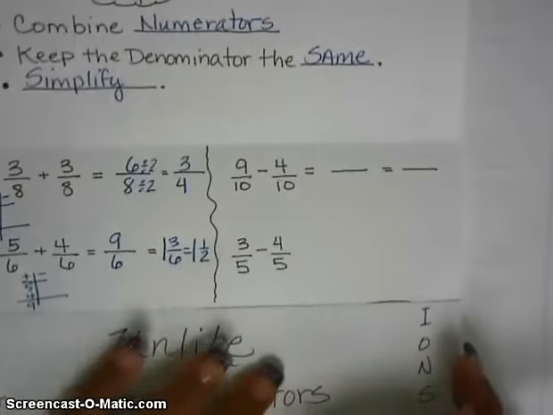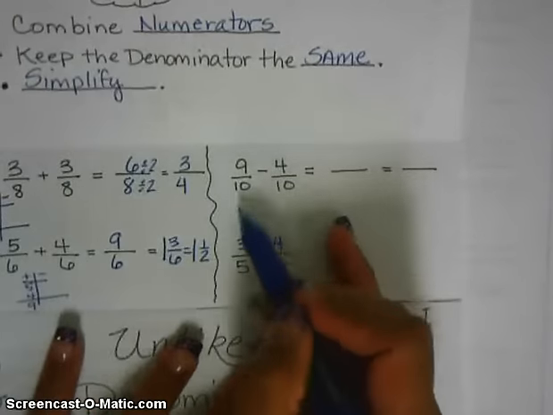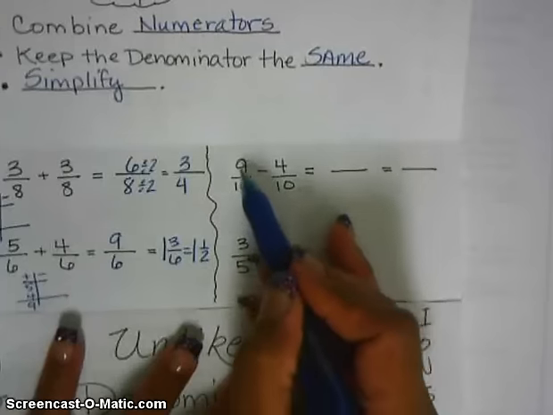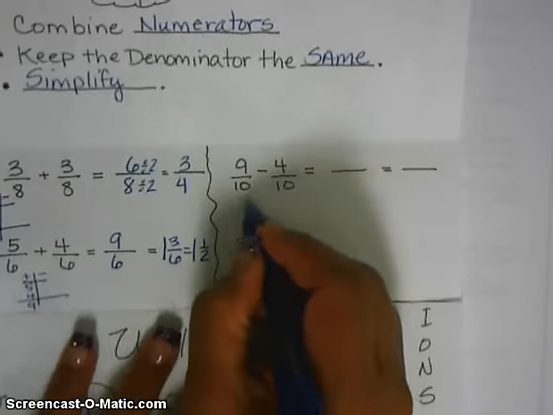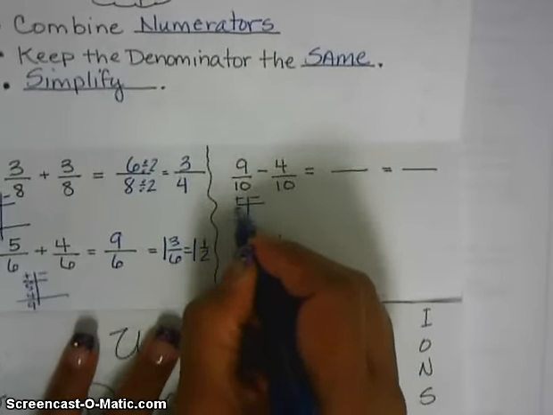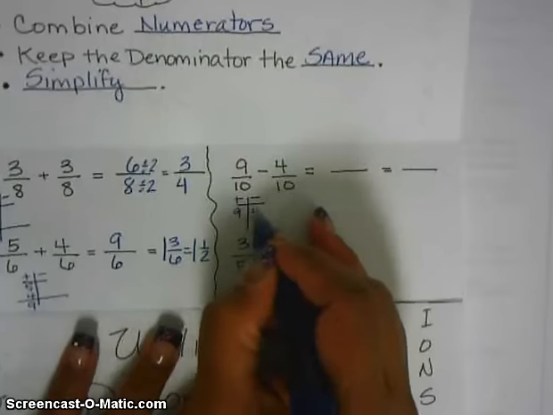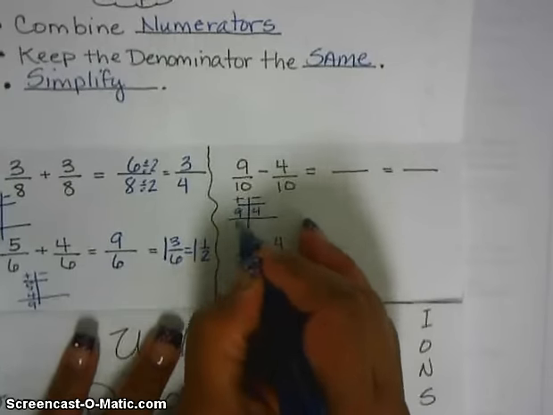Okay, so now let's look over at the combining when I have negative numbers. My denominators are still the same. So I have 9/10 and I have a negative 4/10. I only have to look at the numerators. And so when I put it in my T-chart, I see I have a positive 9 and a negative 4. And so I have more positives.